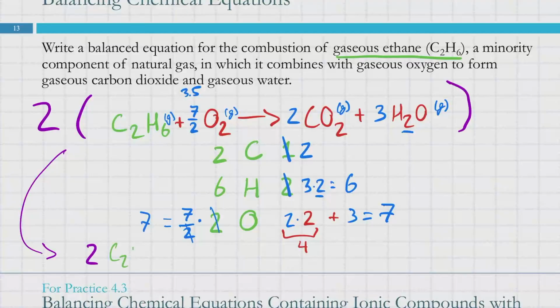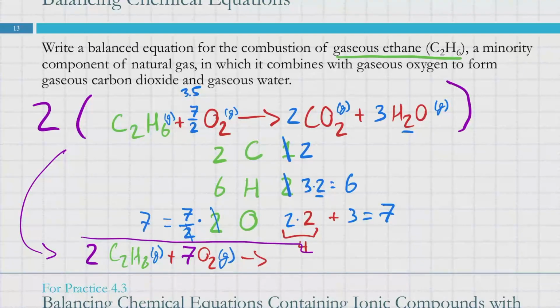So 2 C2H6 as a gas plus 7 O2 also as a gas goes to 4, because 2 times 2 is 4, CO2 also as a gas, plus 2 times 3 gives us 6 H2O, still a gas.